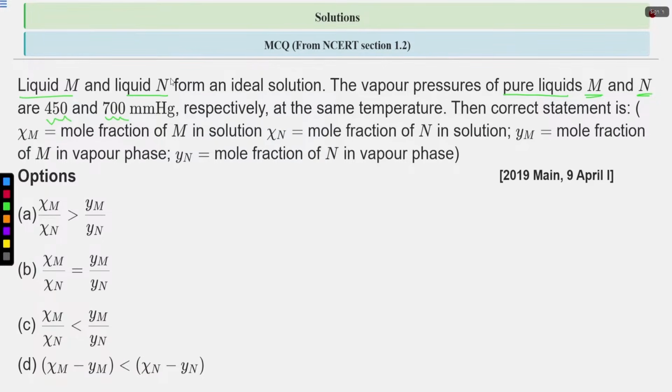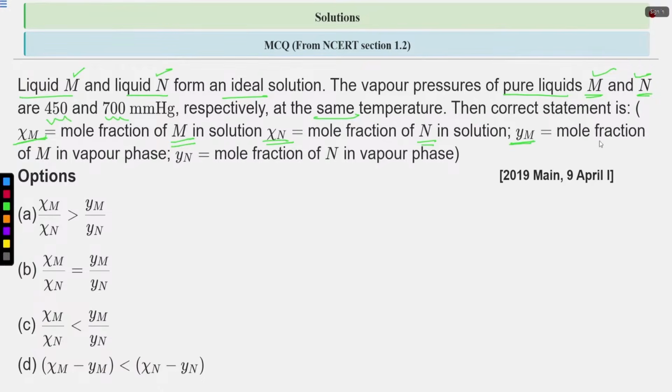We have two liquids given, M and N. They are forming an ideal solution, and the vapor pressure of the pure liquids M and N are given as 450 and 700 mm of Hg respectively at the same temperature. Extra information given is that chi M is the mole fraction of M in the solution, and chi N is the mole fraction of N in the solution.